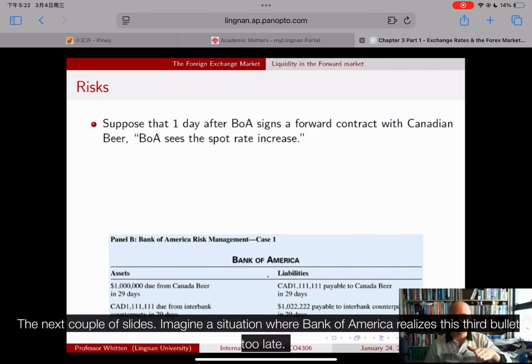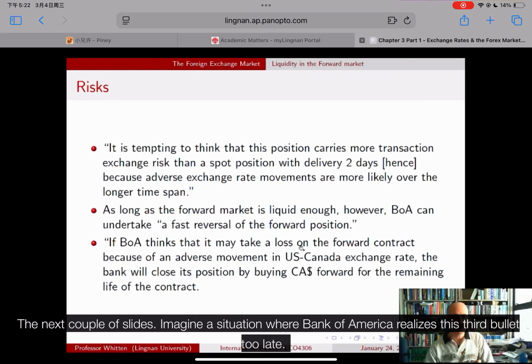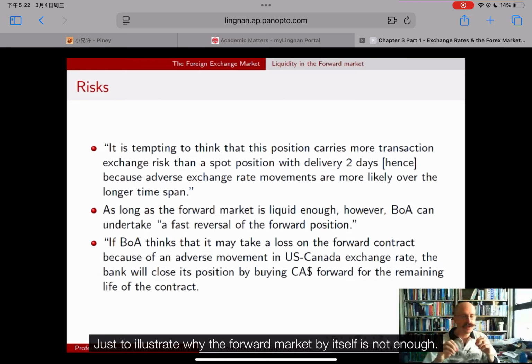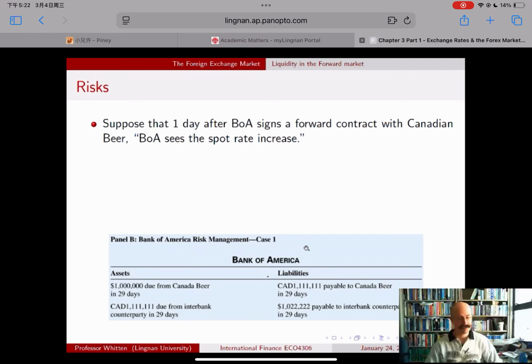The next couple of slides imagine a situation where Bank of America realizes this third bullet too late, just to illustrate why the forward market by itself is not enough.